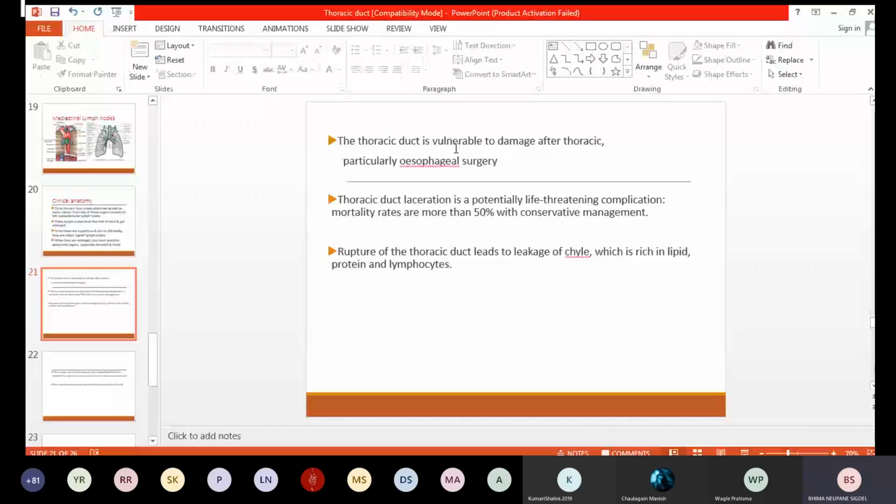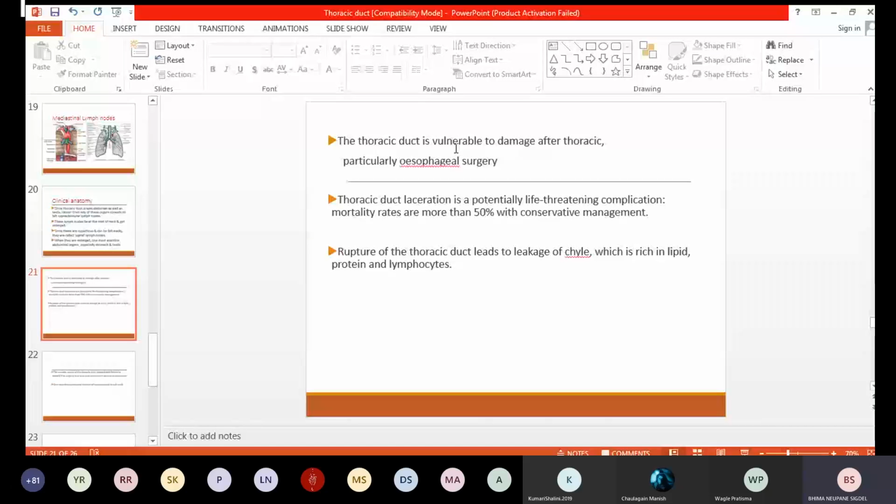So we have to be very confident about the course of the thoracic duct while doing esophageal surgery, because of the different turning of the posterior and the median.